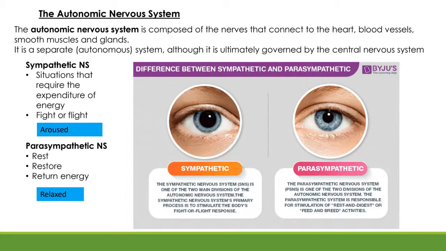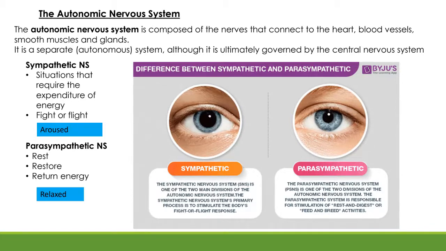The parasympathetic nervous system, thanks Jean, is the opposite of that. That is the part of us that allows us to rest and restore. It's called rest and digest. That nervous system allows our body to be at rest. It allows us to uptake nutrients. It allows us to restore and store energy, return energy to our system. So the two almost act opposite each other.